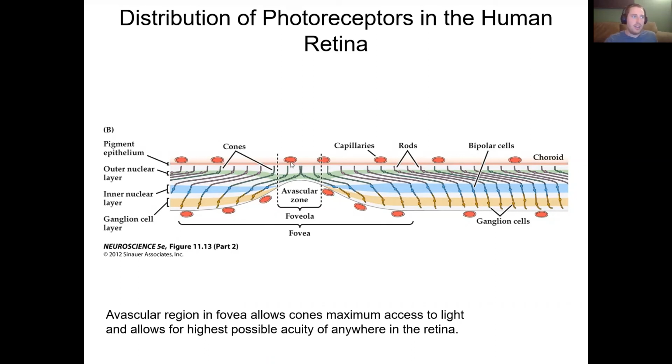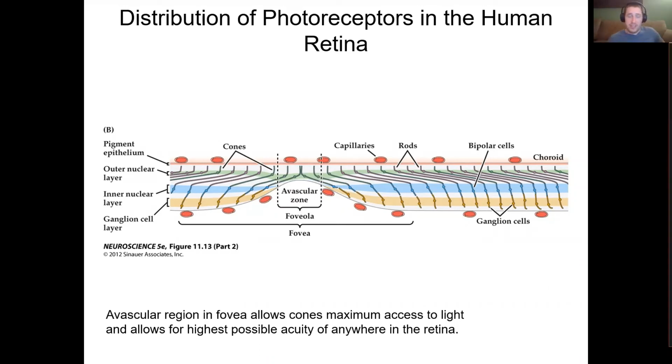So the cone photoreceptors and their outer segments are here, but then they start stretching out laterally. And so the bipolar cells and the ganglion cells are actually excluded from this region. And then also there aren't any blood vessels in the way here. And so this gives light the most direct path to the outer segment of the cone and gives us the highest acuity vision in our whole retina.